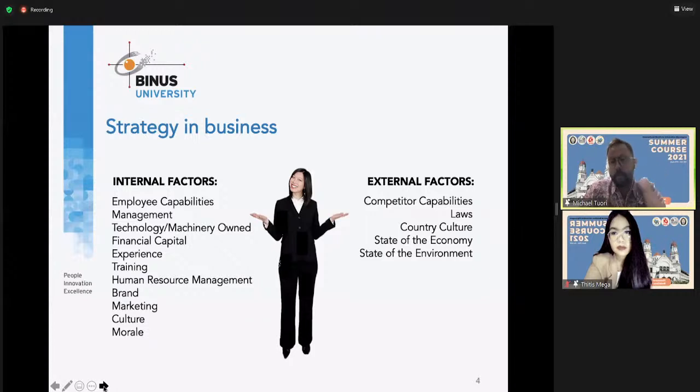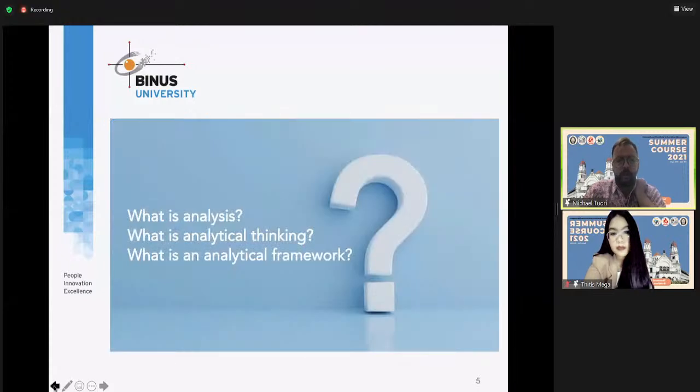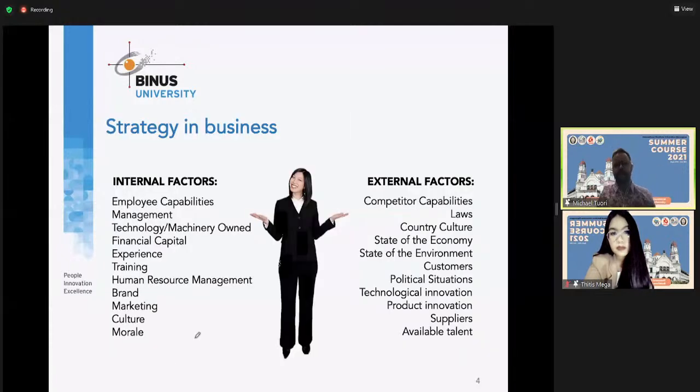The environment is very important. Customers, political situations, technology innovation, product innovation, suppliers, available talent is important as well. So these are all factors that help us make a strategy. This isn't strategy yet. This is just variables that go into making a strategy.